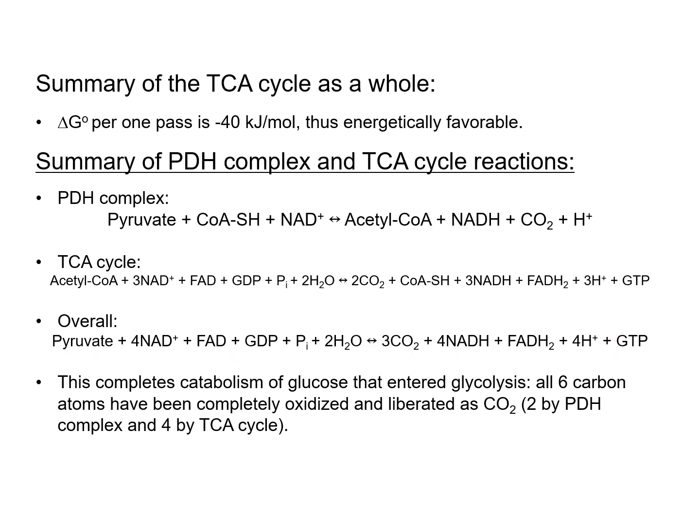So this completes the catabolism of glucose that entered glycolysis, and all 6 carbon atoms from glucose have been completely oxidized and liberated as carbon dioxide. In total, that's going to be 6, 2 by the PDH complex and 4 carbon dioxide molecules by the TCA cycle.